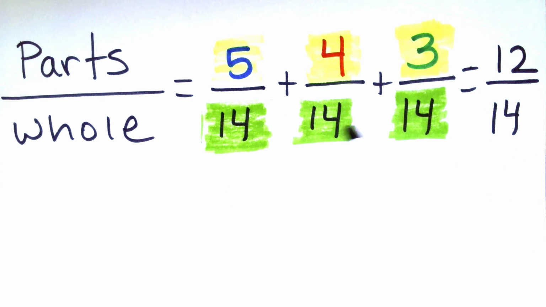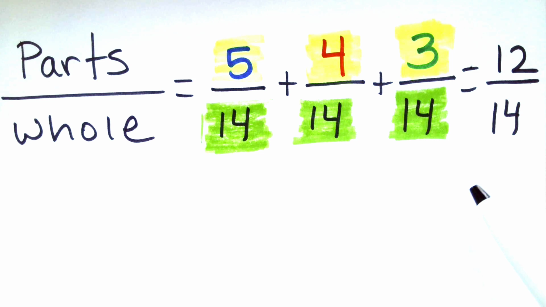So the denominators are the same. We can now add the top. And the denominator stays the same throughout the problem. 5 plus 4 is 9, 10, 11, 12. So 12 blue, red, and green coins out of 14 total coins.